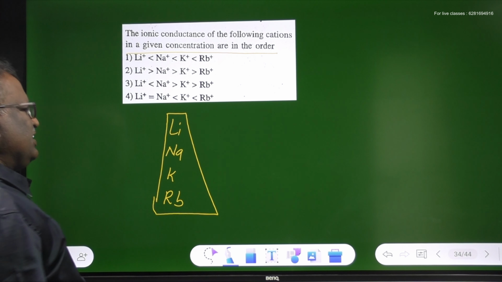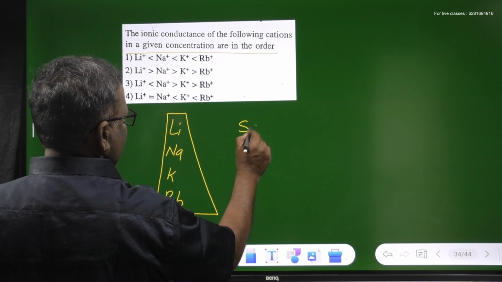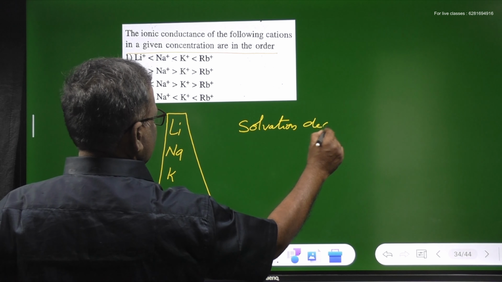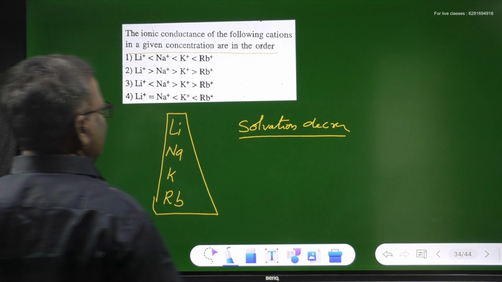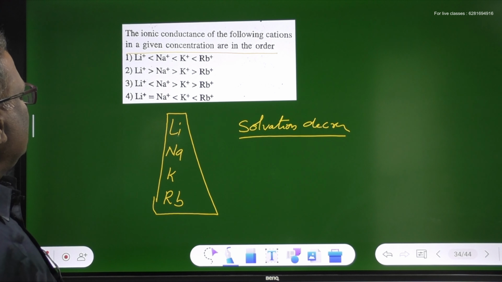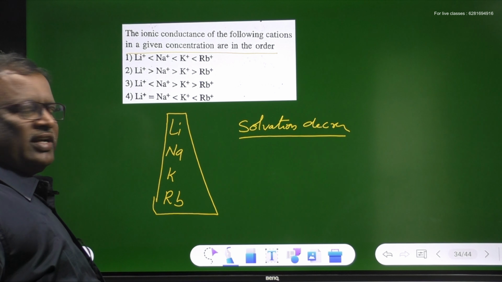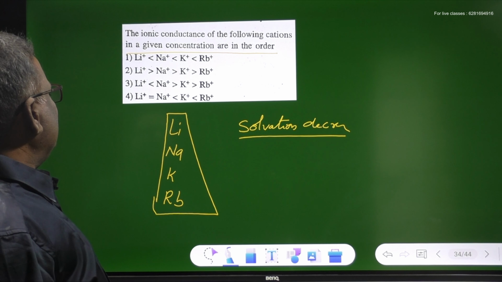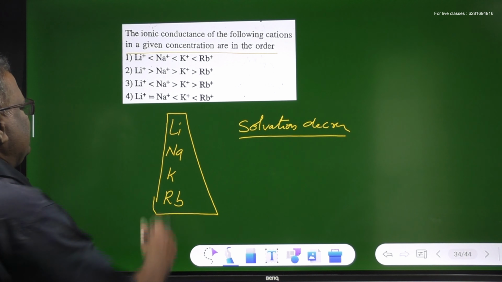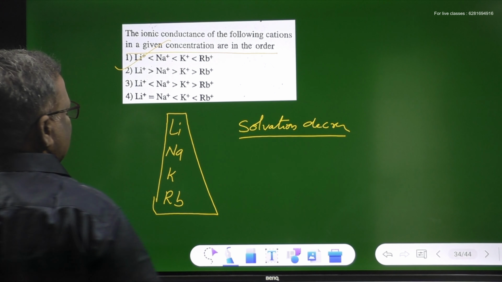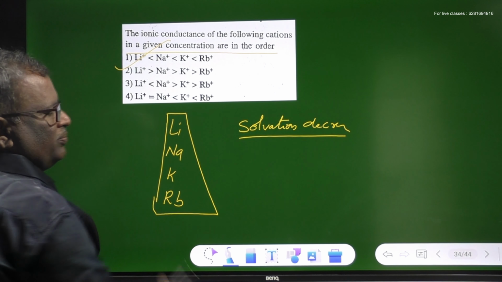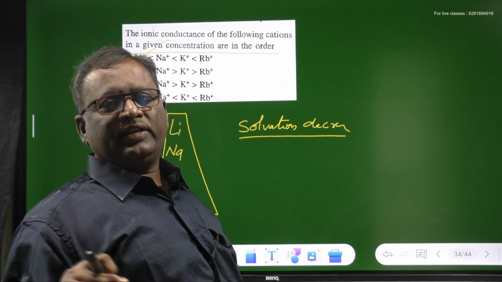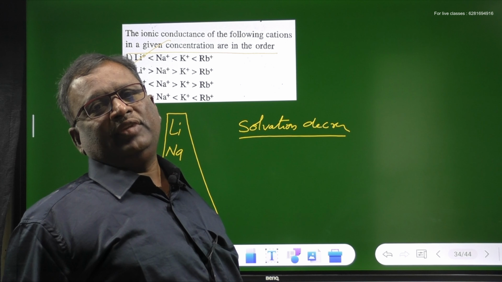When cation size is increasing, solvation decreases. When solvation decreases, conductance increases. So rubidium is greater than potassium, sodium, lithium. So first option is correct. Because lithium, due to its small size, is highly solvated and has least conductivity in solutions.